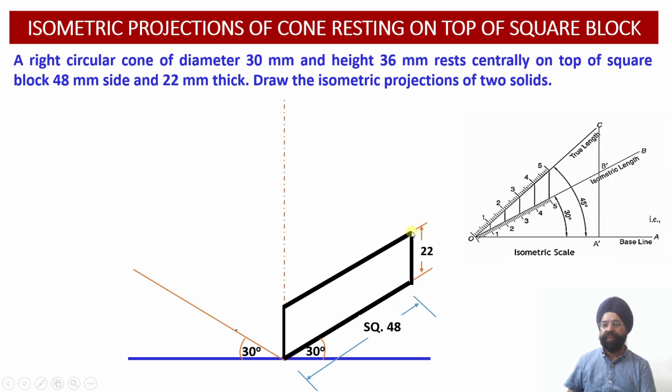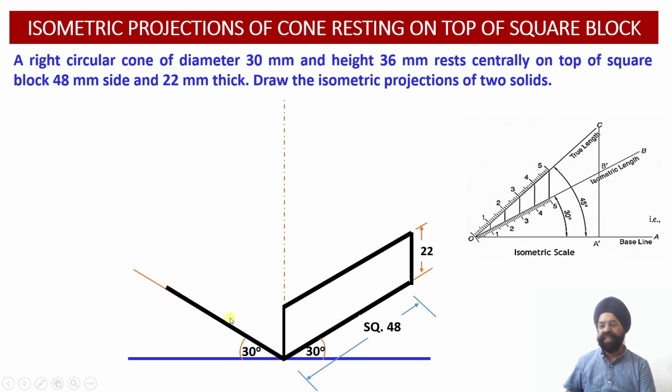But then we have completed this face of the square block, that is the right hand facing this rectangle we have drawn, right? So this is the height, and this is also the height which is equal to 22 millimeter, and this edge is parallel to this edge, and this edge is also parallel to this edge over there.